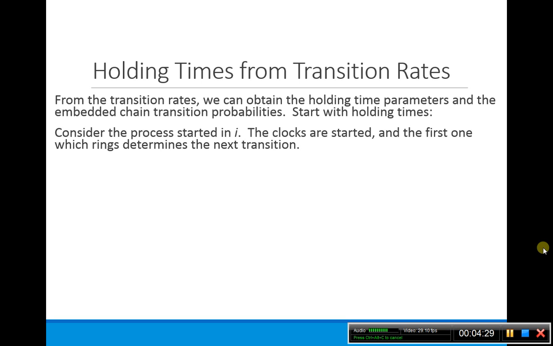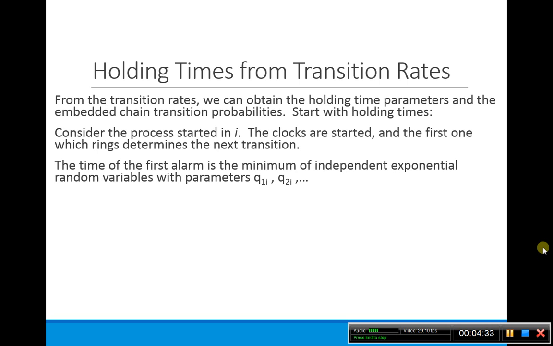So let's remember our exponential distribution. Each of the alarm clocks is an independent exponential random variable, with parameters q_1i, q_2i, etc., for all the states we can go to from state i.